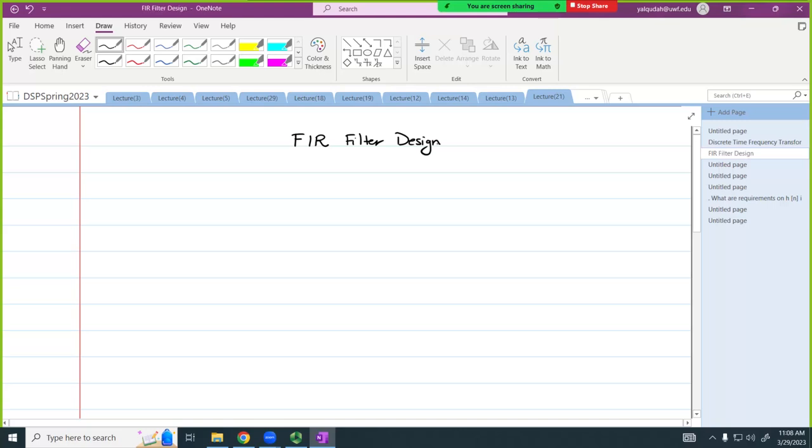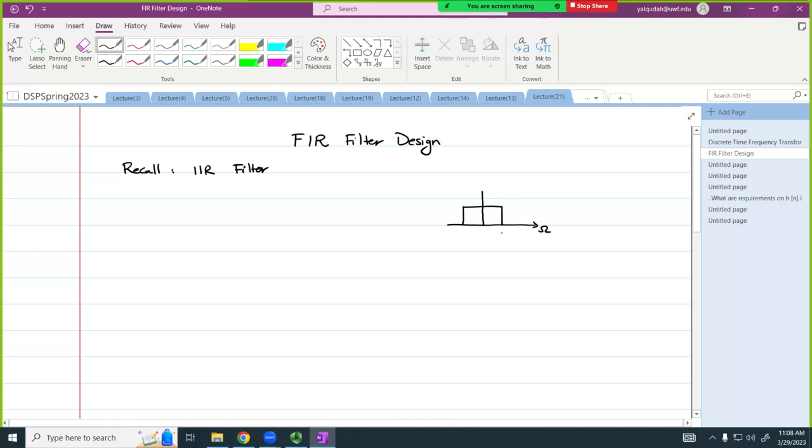So if you look at the IIR filter, what is it we've done with the IIR filter? We said we're going to design a filter, and our filter looks something like this.